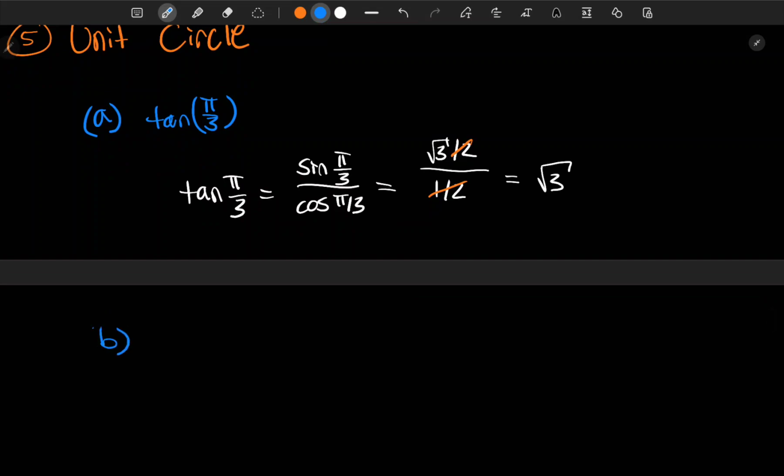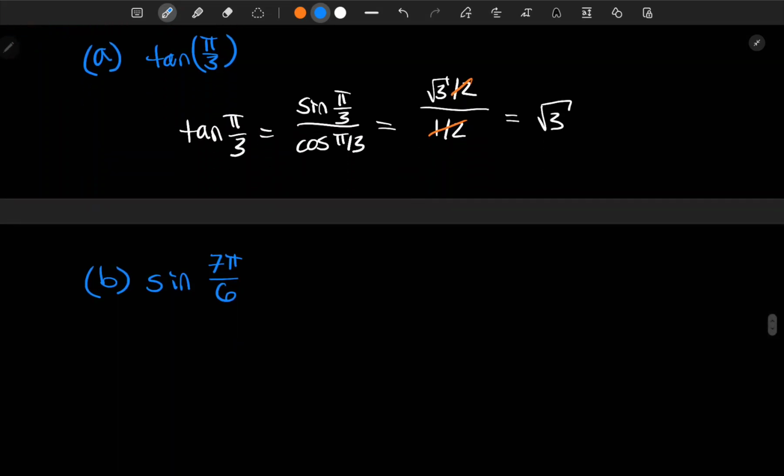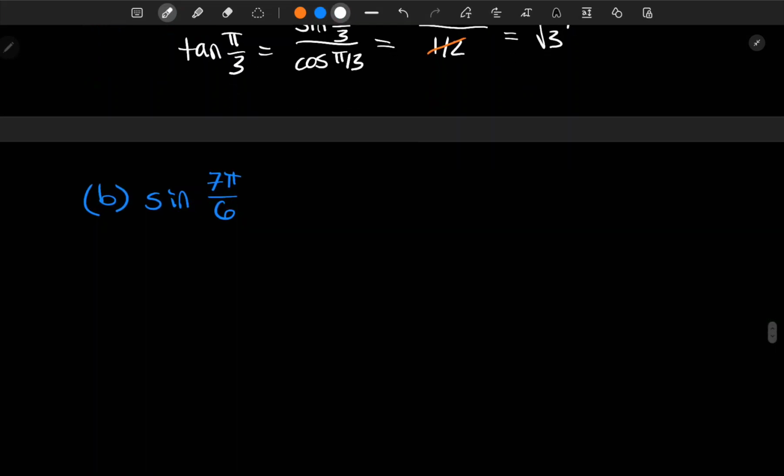Next, we might be interested in what is the value of sine of 7 pi divided by 6. Well, we know that if you consider the unit circle, here is theta is equal to 0. If you go 180 degrees, that's pi radians.